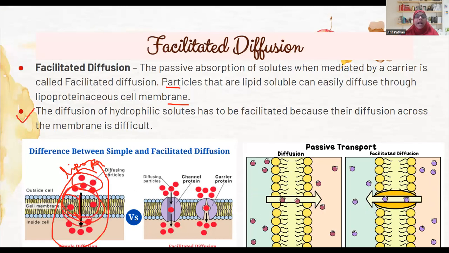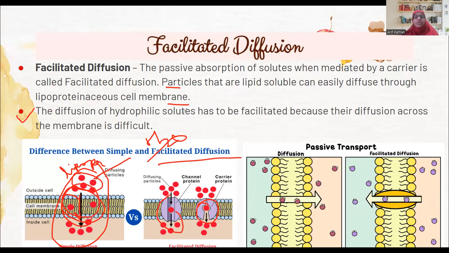But what if these molecules are hydrophilic, water loving, and these are hydrophobic membranes? Then they will be facilitated by these carrier proteins, so they will be moved inside and outside through carriers.